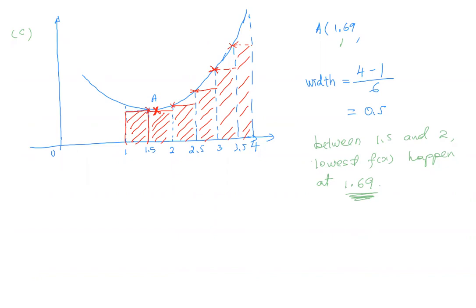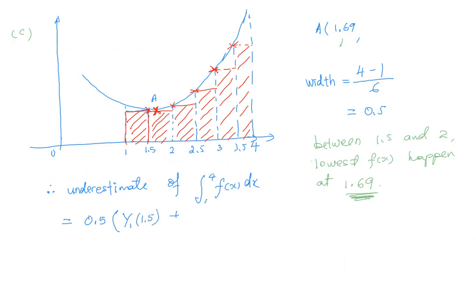So therefore, the under estimate of the integral from 1 to 4 of f(x) dx is equal to the width 0.5 times, the first lower rectangle, what is the height? y1, 1.5.